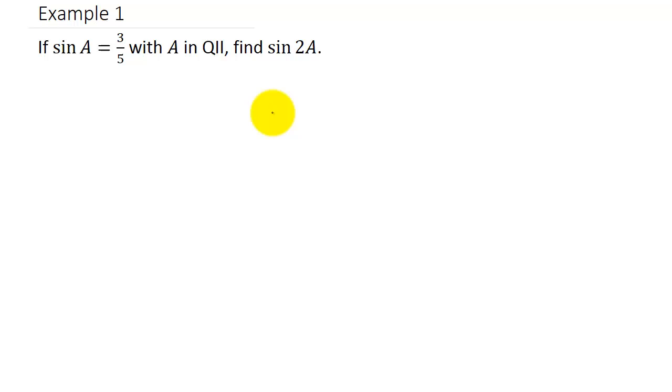Alright, so the best thing to do is, we're looking for sine 2A, so just write the formula down. We know that sine 2A is equal to 2 sine A cosine A. And you see they give us sine A, so we're given this value.